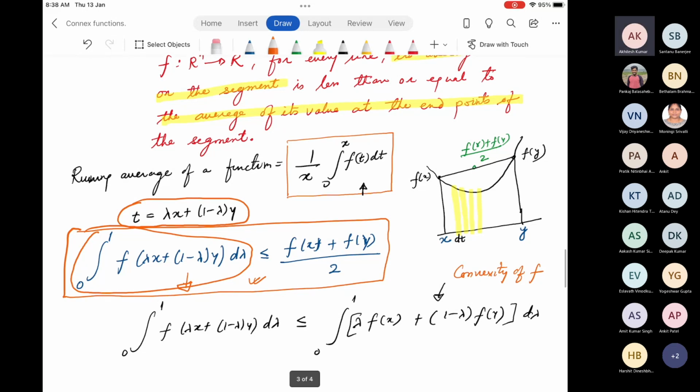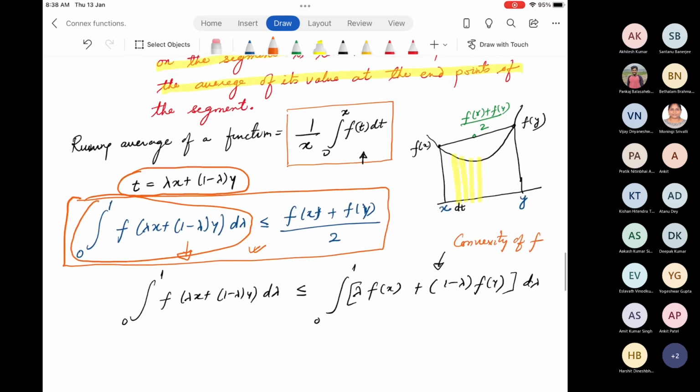Once I have written this, you can integrate and get less than or equal to lambda square by 2 f of x plus lambda f of y minus lambda square by 2 f of y, and then put in the definite integral limits.